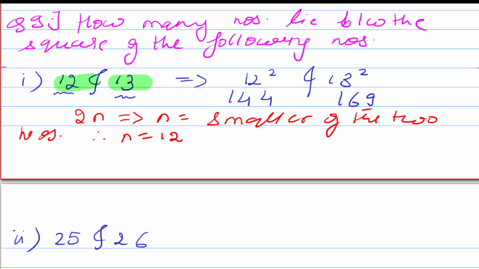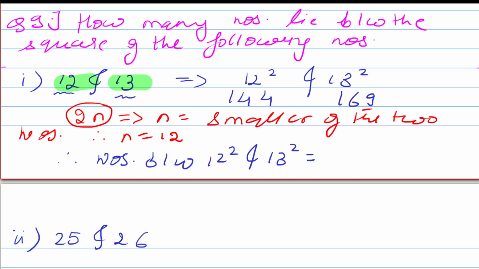Once you have 12, you simply multiply it with 2. So therefore, numbers between 12 square and 13 square is equal to 2n, which is 2 into 12, which is 24. Very simple, but very useful.